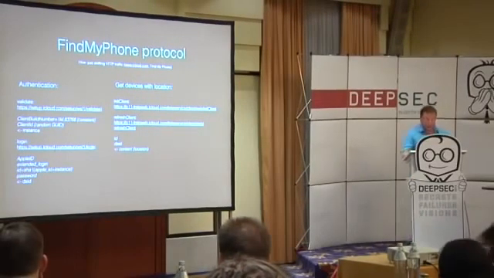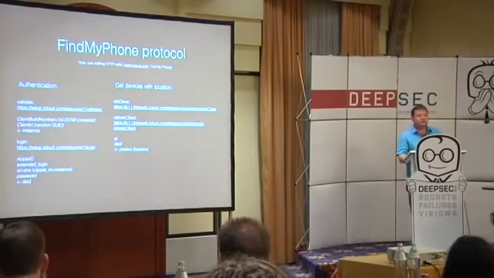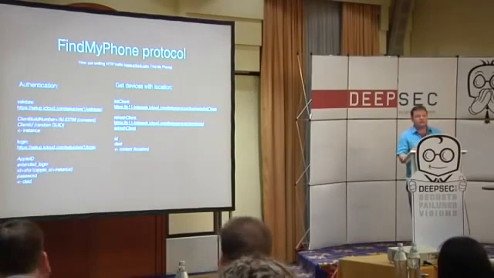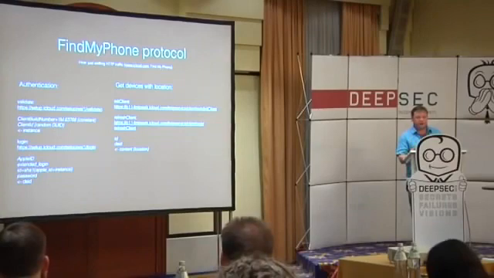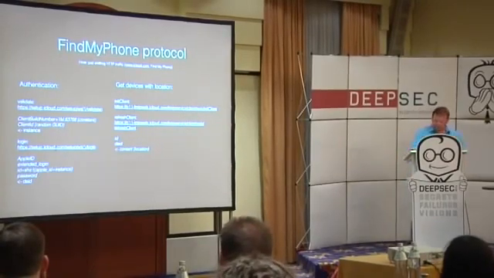You also have to perform authentication and get the token, and then you have a query to get the current location of the device, but it will not actually be the current one, but the one which is cached on the server. But by using another request, you can ask the Apple service to refresh the location, and Apple sends a push notification to the device, and it returns its current location.